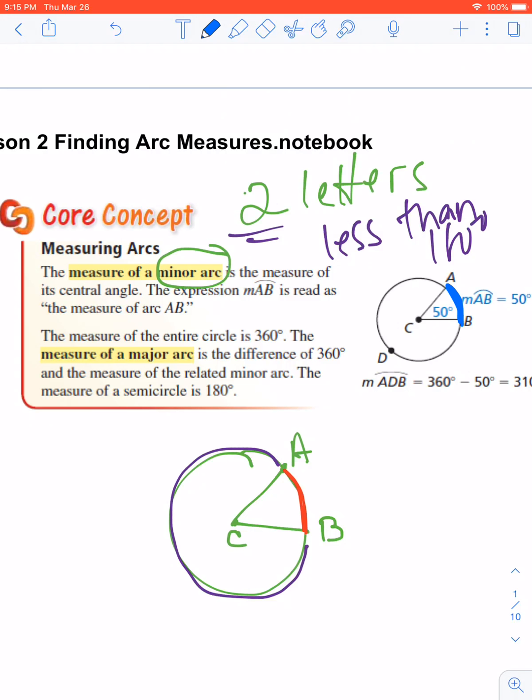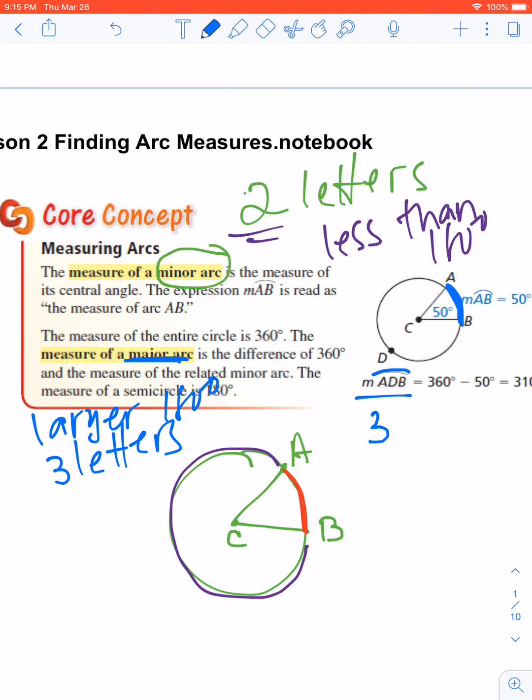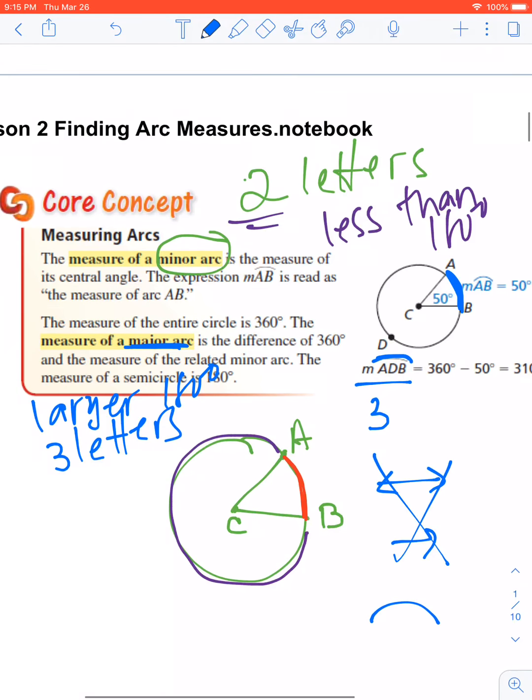When I want to talk about a major arc, it is going to be larger than 180 degrees, and it is going to be named with 3 letters. Notice when we talk about the measure of arc ADB, we have 3 letters, and we've got that arc symbol above it. We don't use a straight line or put arrows on it. It's not a ray. We use an arc to denote that it's an arc.